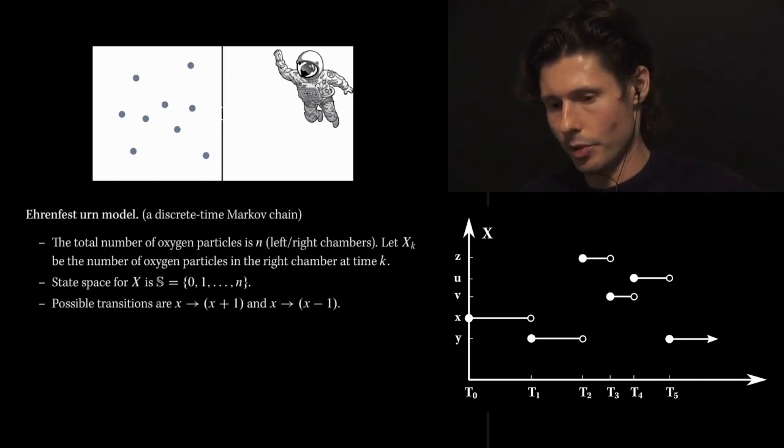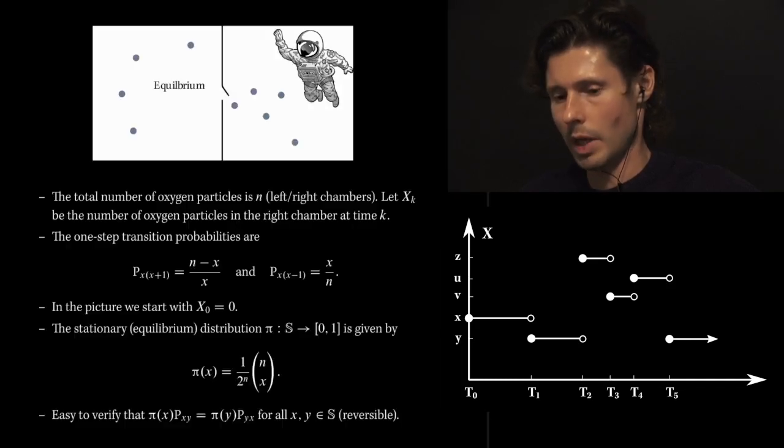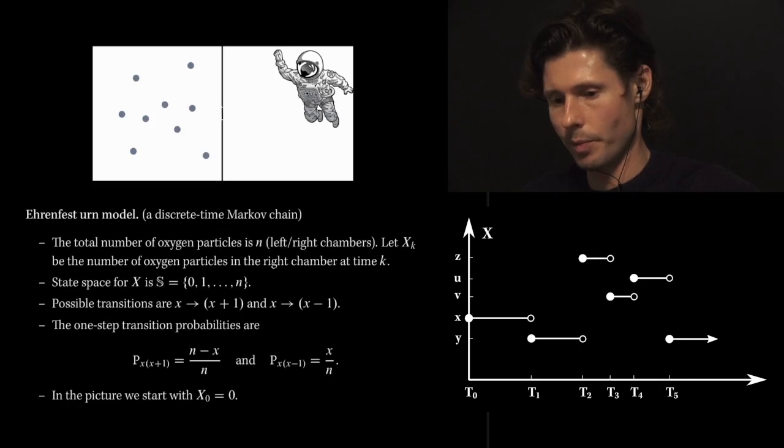The possible transitions in the Ehrenfest model were that we can gain a particle or we can lose a particle, and these had probabilities assigned to them. Let's look at the probability of gaining a particle to review.